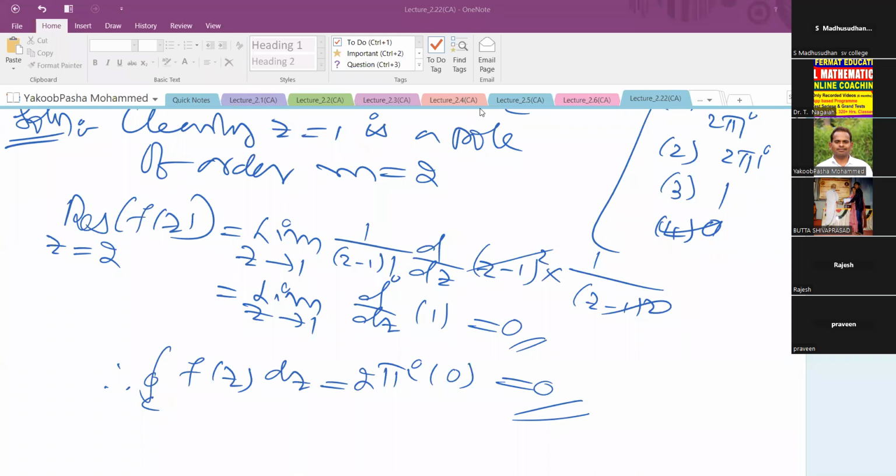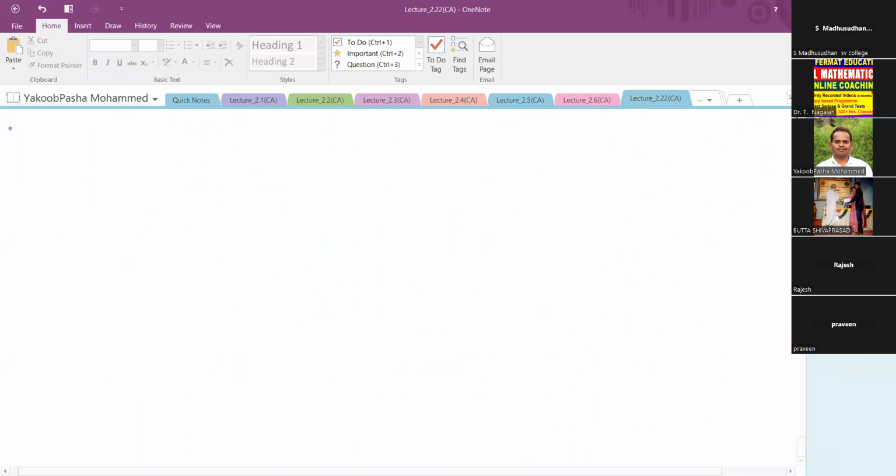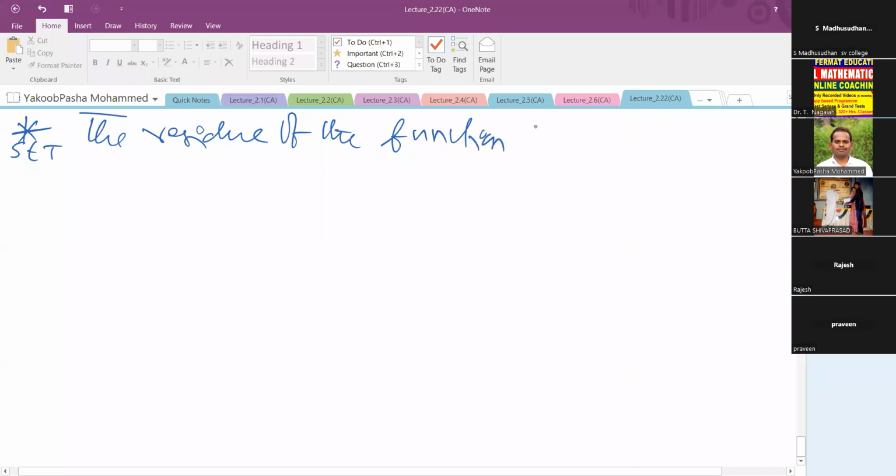It is a SET question, same question paper. The residue of the function f of z is equal to e to the power of minus e to the power of 1 by z, at z is equal to 0, is.